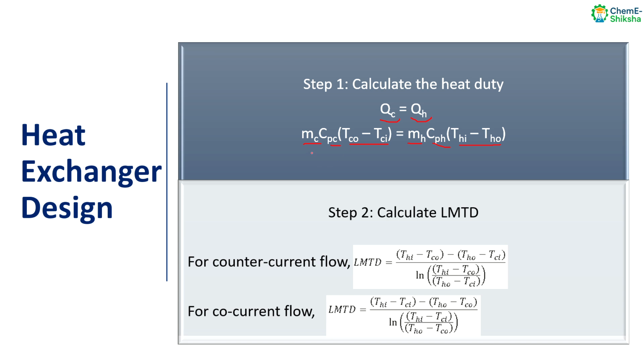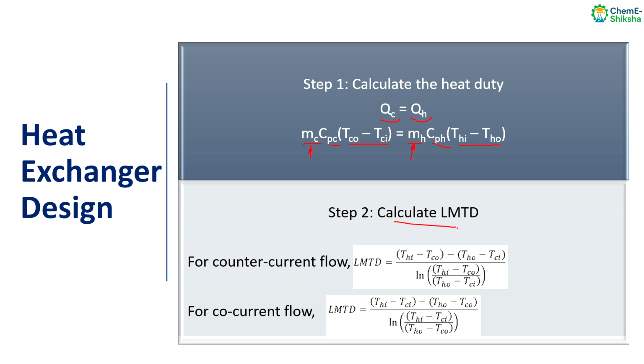So if we know, let's say, the cold fluid mass flow rate, then from mC into CpC into TCO minus TCI we can calculate the heat duty of the heat exchanger. And to maintain that heat duty, what amount of hot fluid we need to supply, we can calculate using this equation, and we can find out the hot fluid mass flow rate.